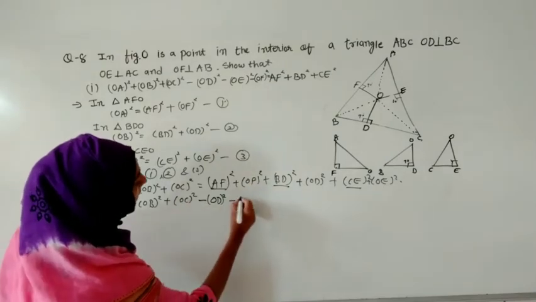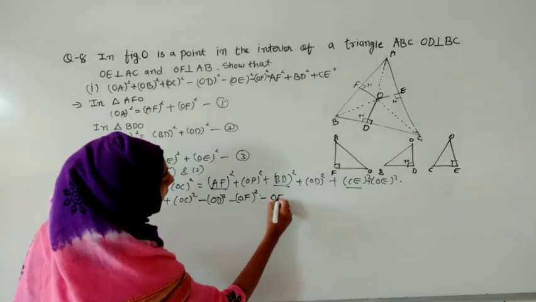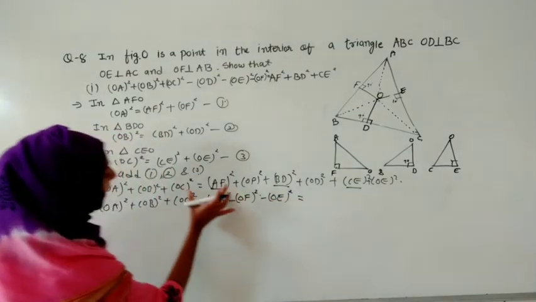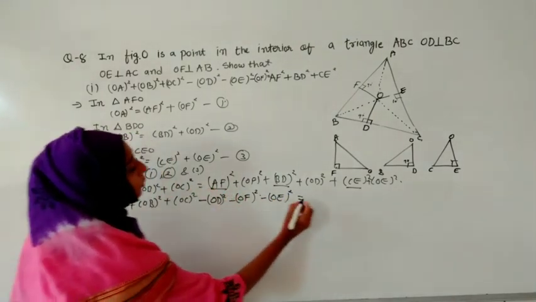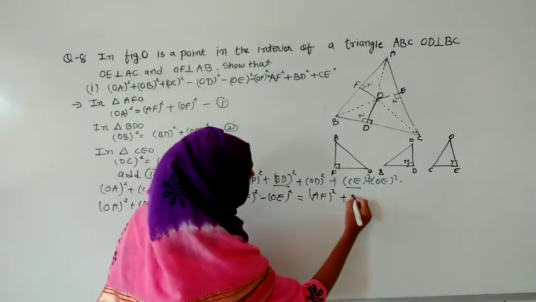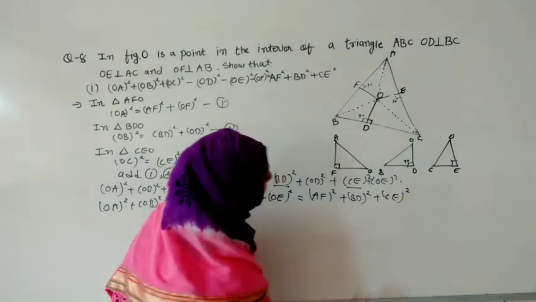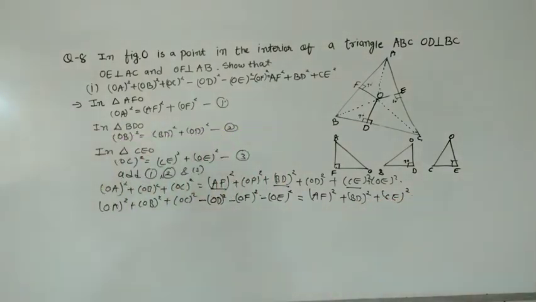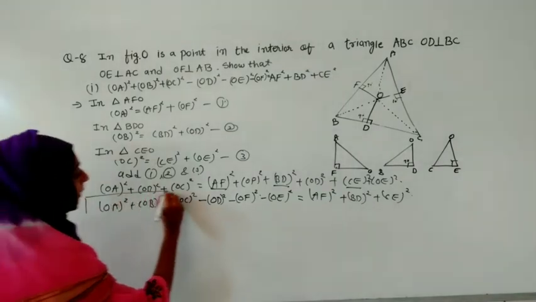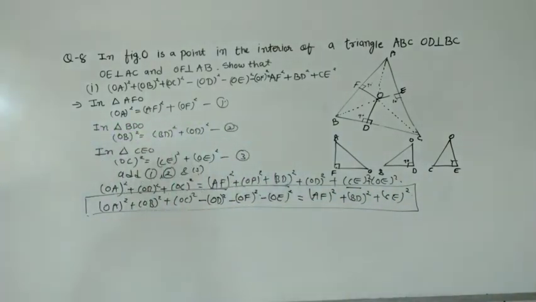Equals to, on this side what remains is AF whole square plus BD whole square plus CE whole square. And the thing we had to prove, we have proven, so you can highlight it if you want. So this is the answer of the first question.